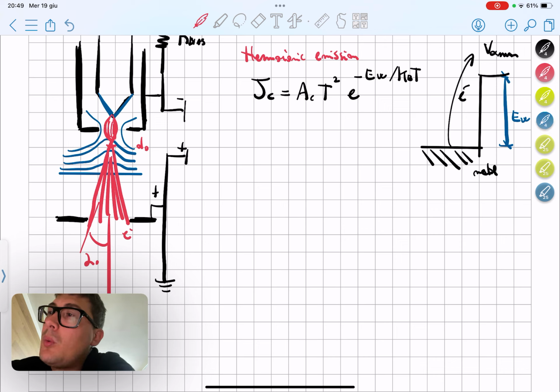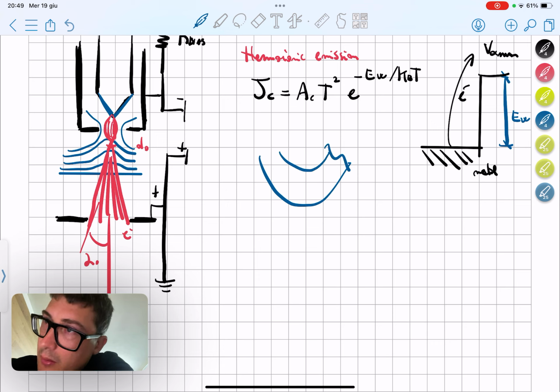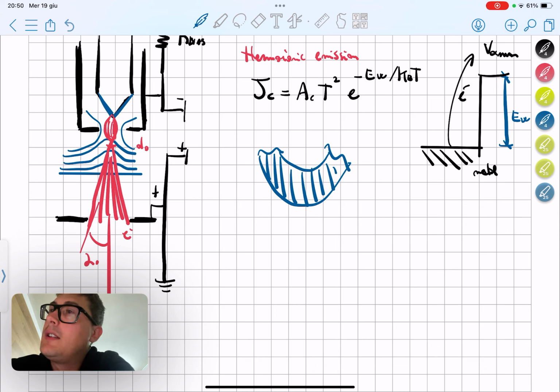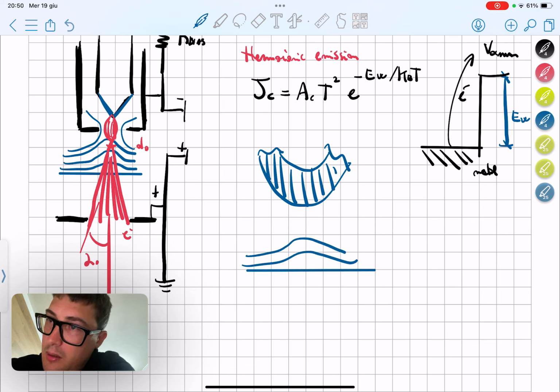So imagine that this is the very tip of the filament. The effect of this, let me show it very quickly, are the equipotential lines.